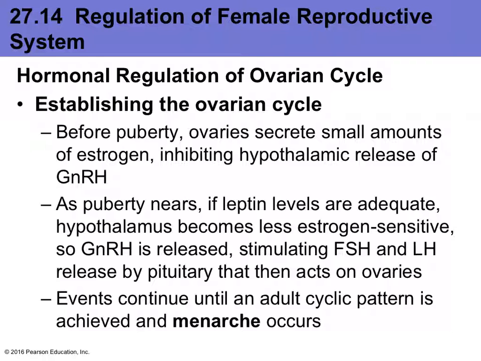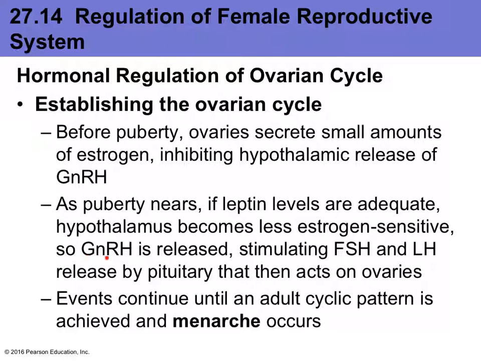So fat cells secrete the hormone leptin, and when she gets to the proper age, if she has enough fat in her body, then she will produce enough leptin, which is going to reduce the sensitivity of the hypothalamus to estrogen.